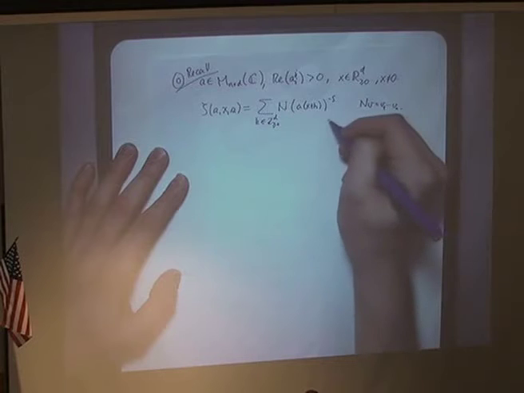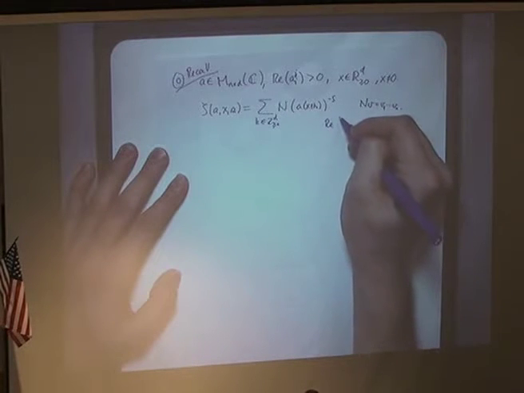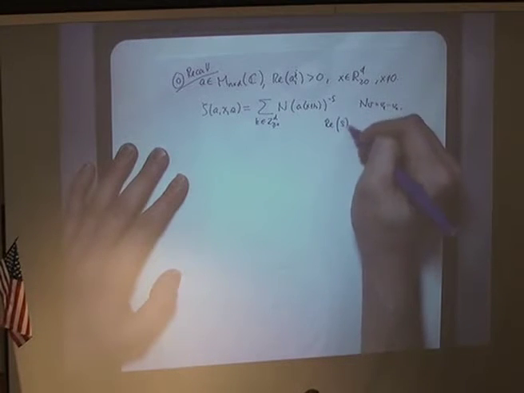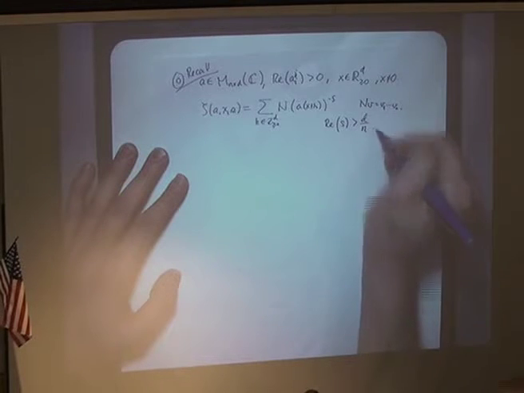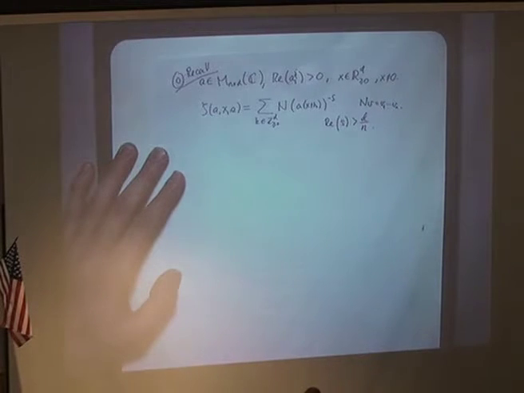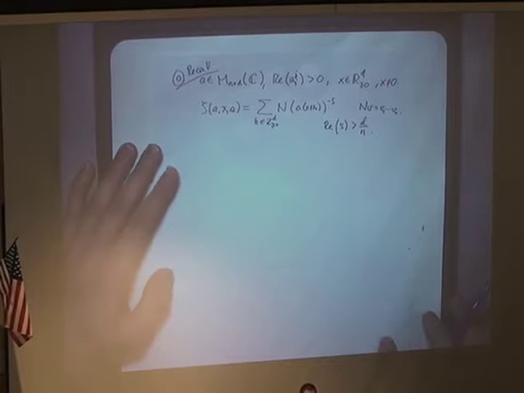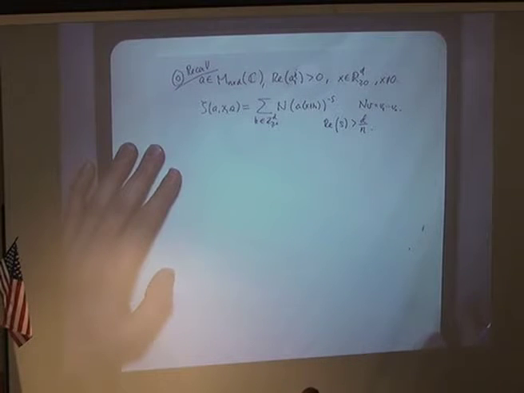And this series converges absolutely in the region real part of s bigger than D over n. And we worked hard yesterday to meromorphically continue this zeta function beyond this right half plane.